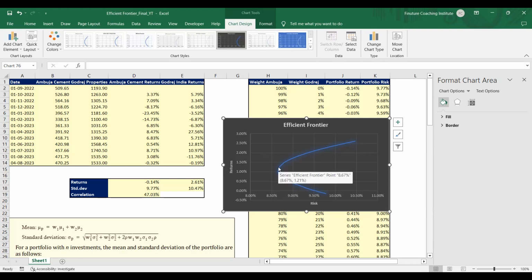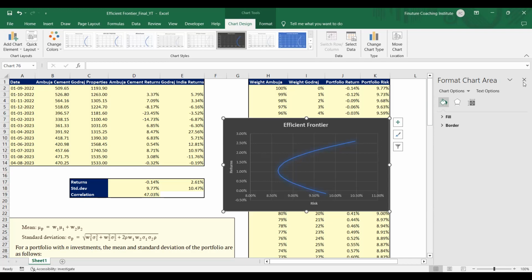At 8.66, it's 1.13, and at 8.65, it's 1.04. So let's look at the data if there are any portfolios at 8.66. Yeah, there are two portfolios at 8.66 as well.